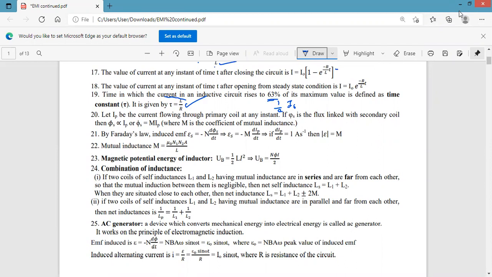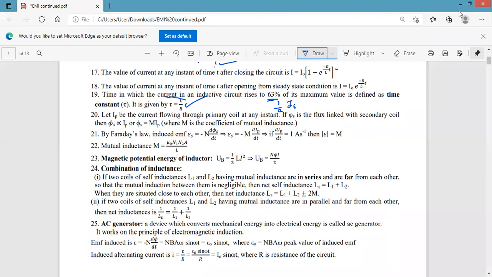Next, mutual induction. If the current changes in one coil, an EMF is induced in another nearby coil. That phenomenon is called mutual inductance. So if there are two coils nearby each other, and the current changes in one coil and induces an EMF in the other coil, that phenomenon is called what? Mutual inductance.